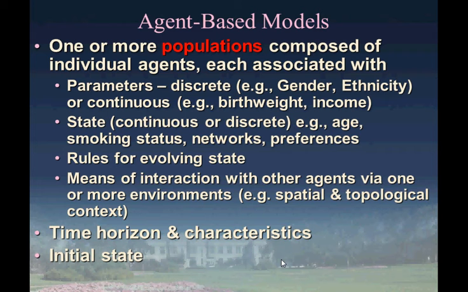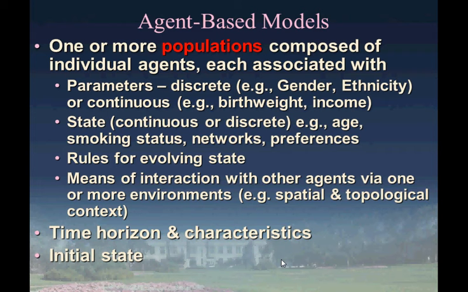And each of those agents is associated with some characteristics. It's associated with some parameters, some state. These parameters are things that don't change much. They're characteristics that are more or less static.